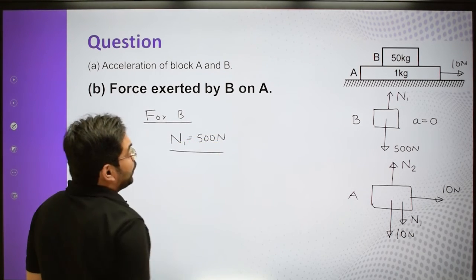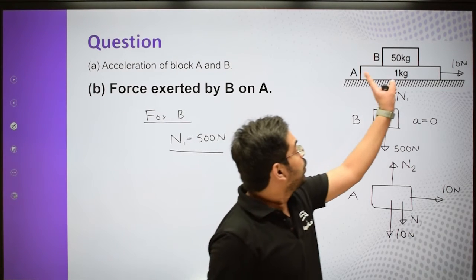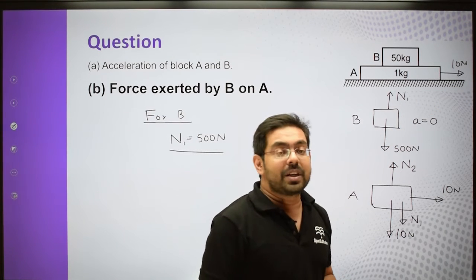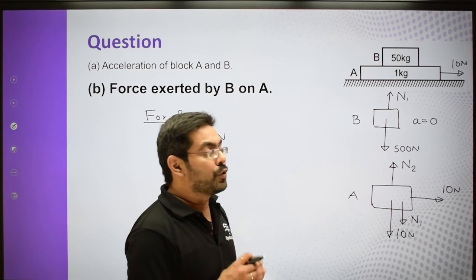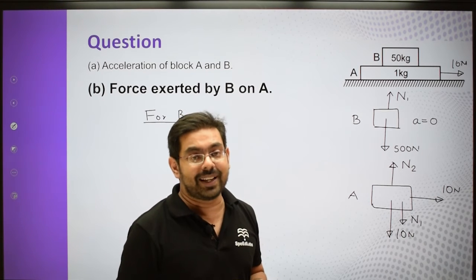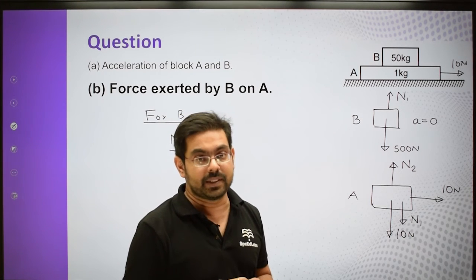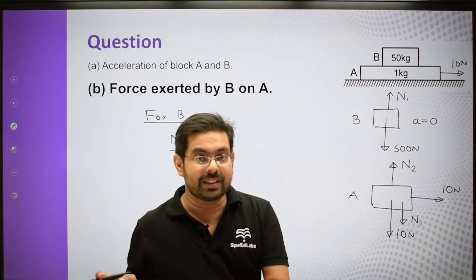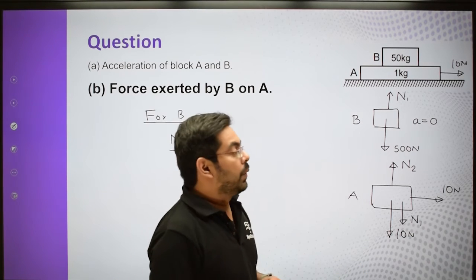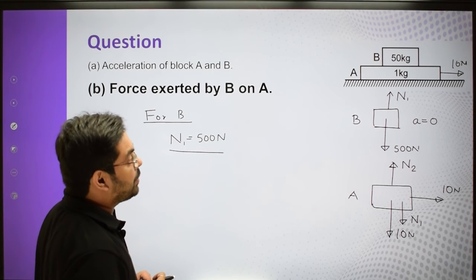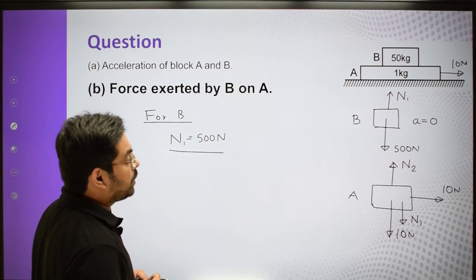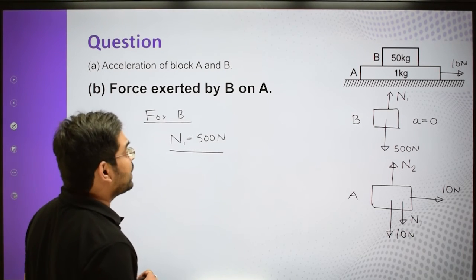You will think that B will also move with A, but since the surfaces are smooth, B will have no horizontal force on it and it will remain where it is, and A will slide below it without any resistance. So N1 is equal to 500 Newton.